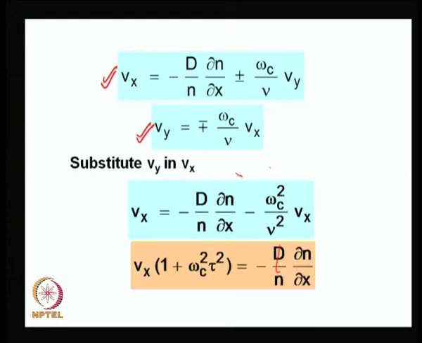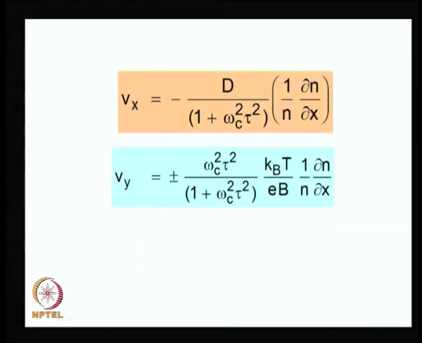Vx times 1 plus omega c square tau square is equal to minus D upon n del n upon del x. So, we get two equations for Vx and Vy which are now uncoupled and they are now given in terms of the density gradient. This is what we had done for unmagnetized plasmas also. We have a term D upon 1 plus omega c square tau square here.